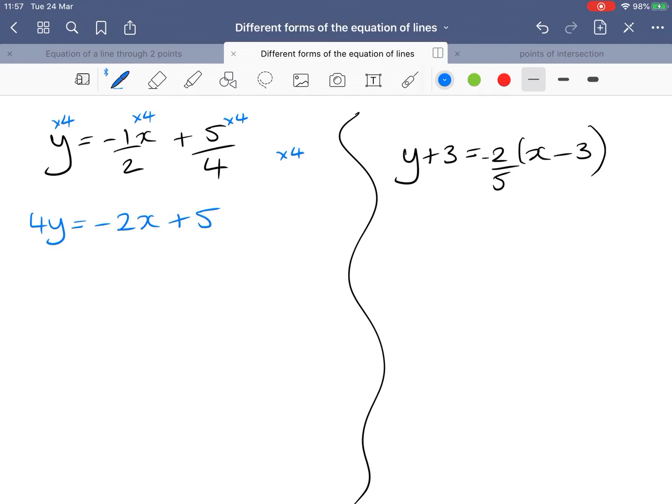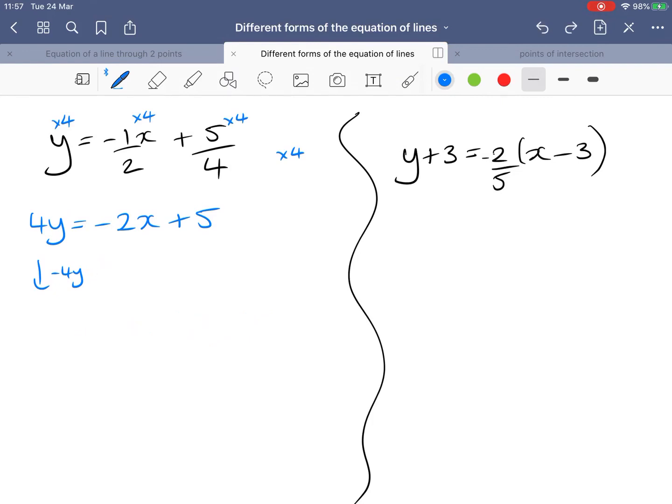Now, before I've always moved the y, and you can move the y, and it doesn't matter. So I'd take away the 4y, and I'd end up with 0 equals minus 2x minus 4y plus 5, and that's fine. But I just tend to like having my x's as positive, just because I don't like writing that minus at the front.